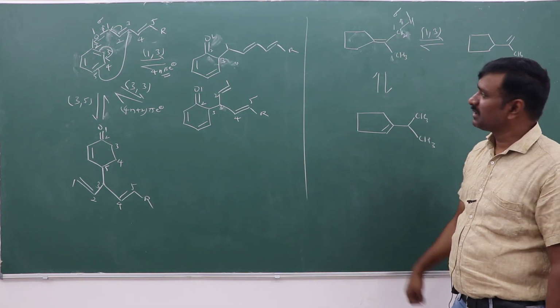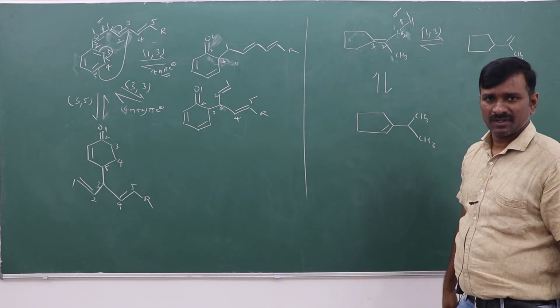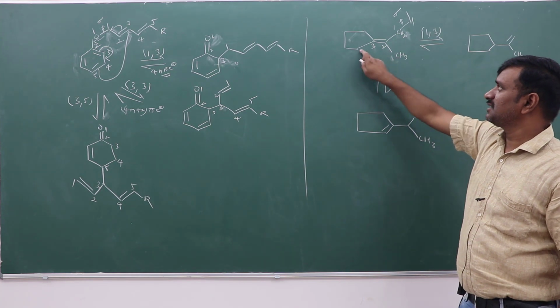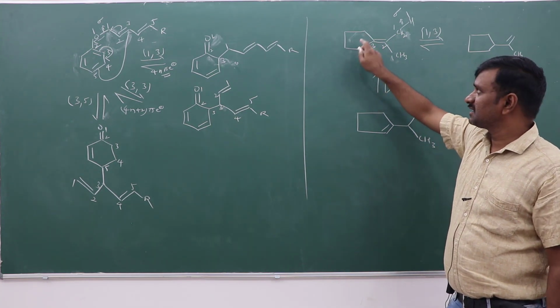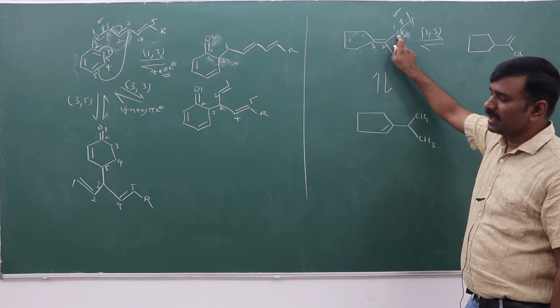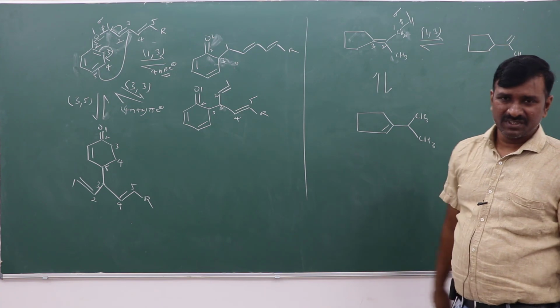Migrating sigma bond. Then you can give the numbering 1, 2, 3, right? With respect to this unsaturation, the saturated positions are these two or these two. If you select these two, what will happen? If you select this one, is this possible or not? You can check. So a 1,3 shift may take place.